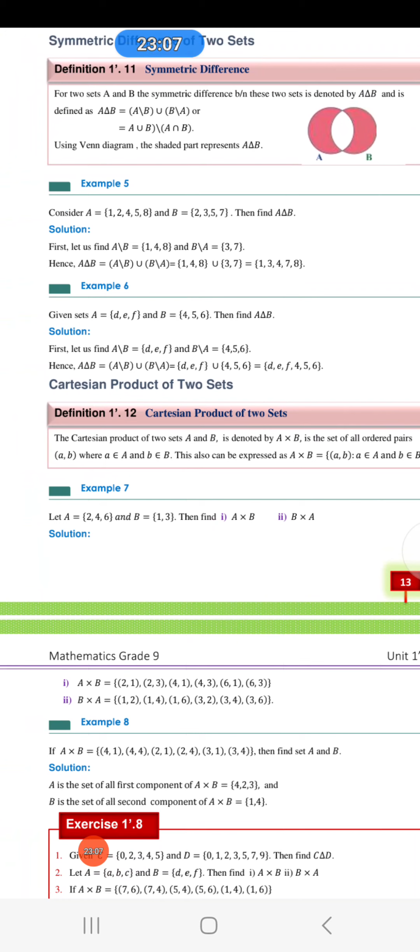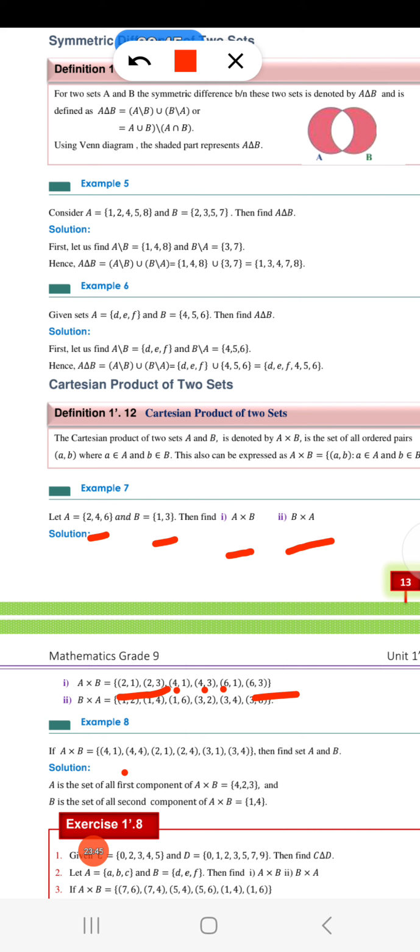Example: let set A = {2, 4, 6} and set B = {1, 3}. Then find A cross B and B cross A. Solution: A cross B = {(2,1), (2,3), (4,1), (4,3), (6,1), (6,3)}.